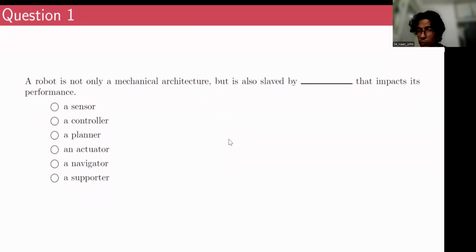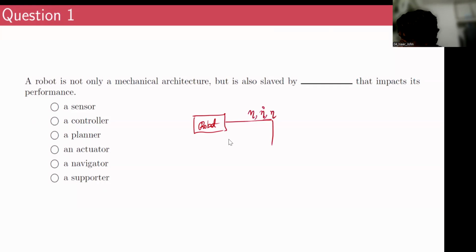If you can recall, we have seen a general schematic of how a motion control would work. We have a robot here, and whatever the robot executes, we can measure the coordinates, maybe eta actual, eta dot actual, and eta double dot actual.